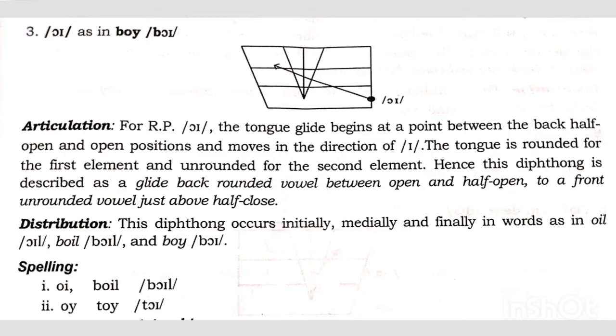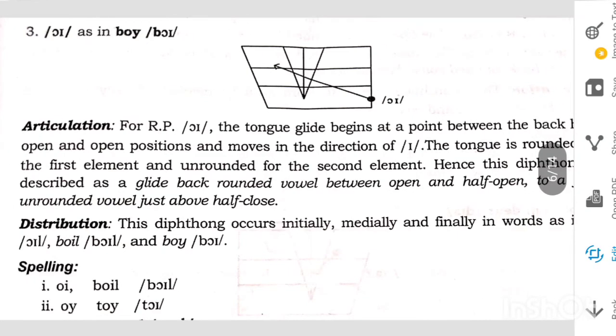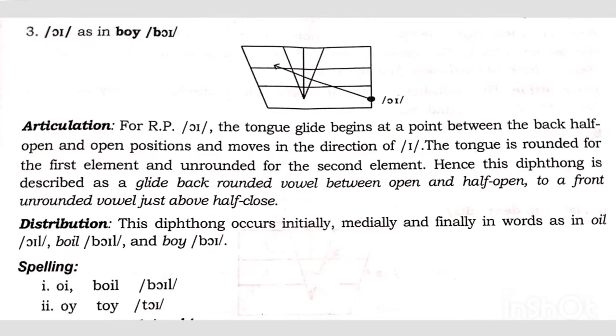Above that it is half close. Distribution: this diphthong occurs initially, medially, and finally, as in oil, boil, and boy.